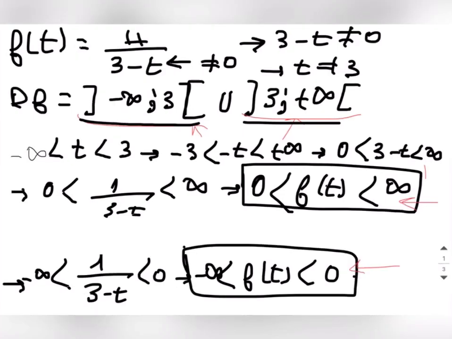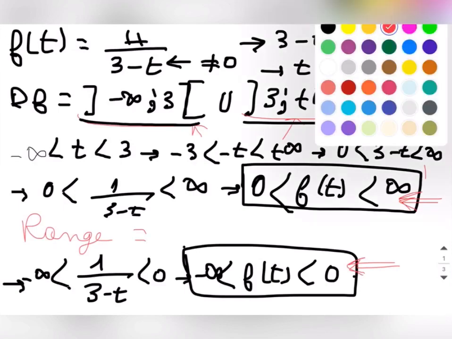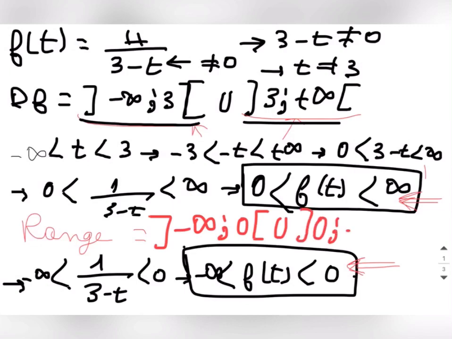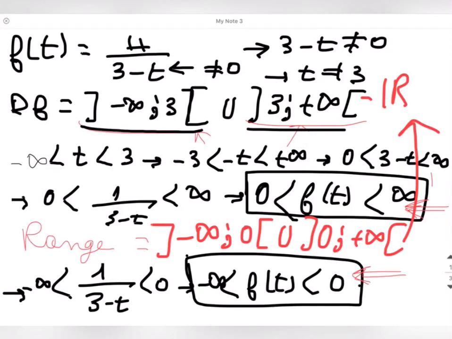Okay, the range divided into two intervals. This is the first and this is the second. Okay, if we add both of them together, we get that the range is equal to minus infinity, 0 open, union 0 open, plus infinity, written as R minus 0.